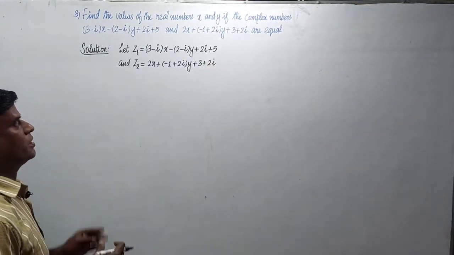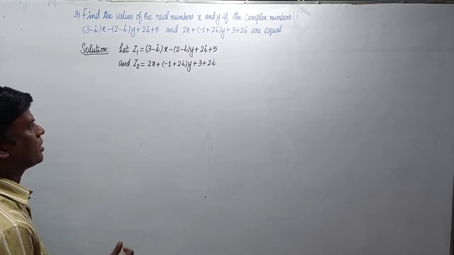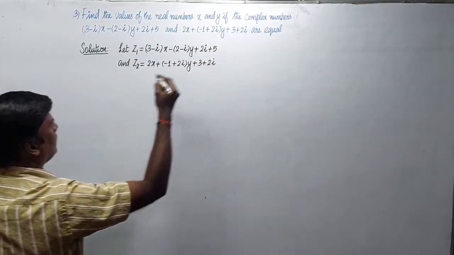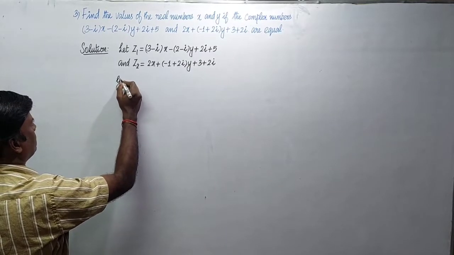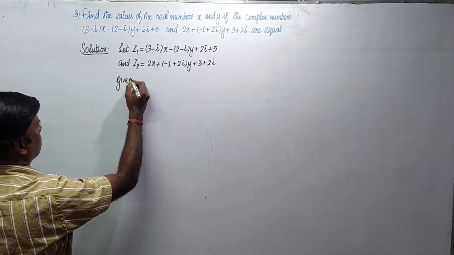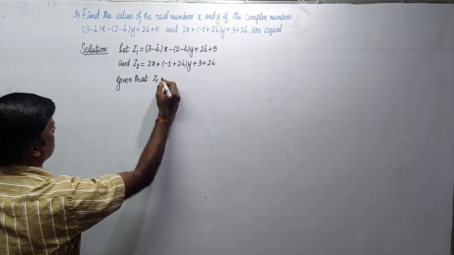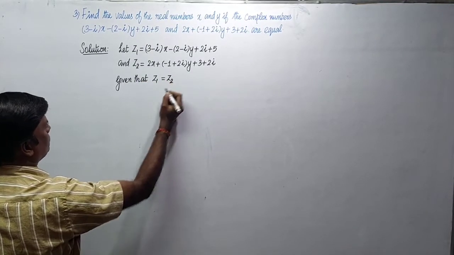It is given that the two complex numbers are equal. Given that z1 is equal to z2.